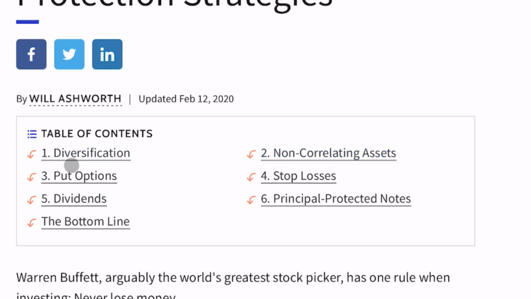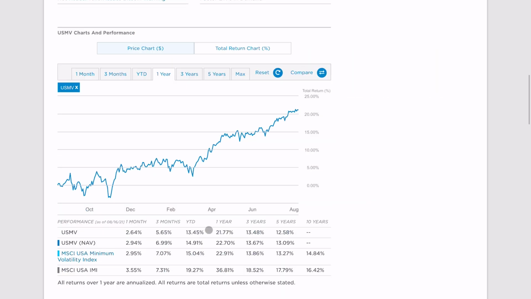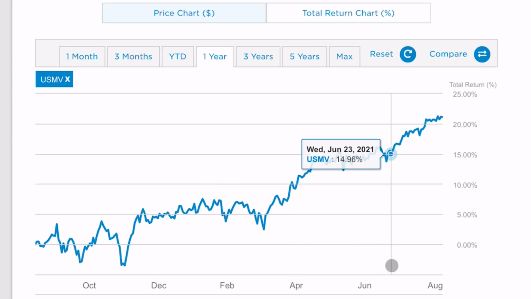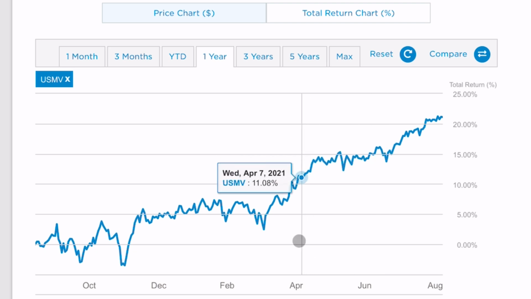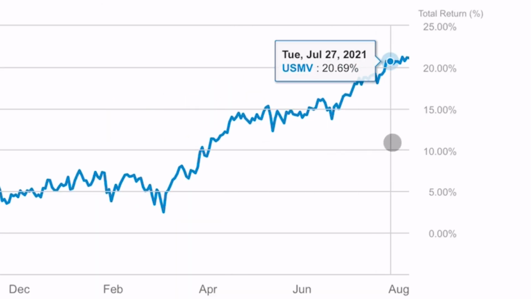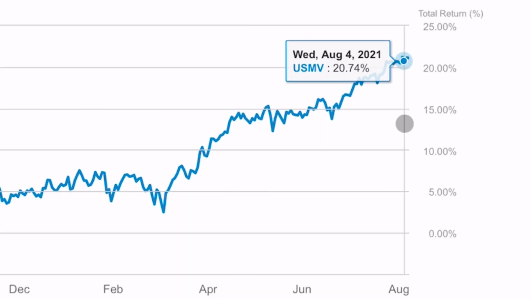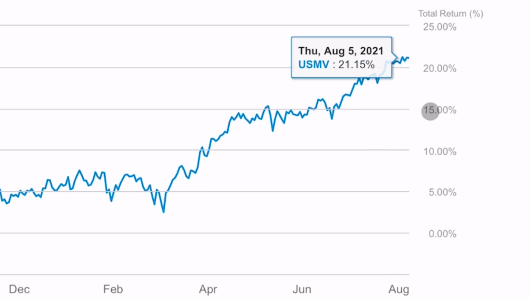So this ETF is hitting on a few notes. And if we scroll down and look at the performance of the ETF, it's actually one of the better low volatility funds out there. It's appreciated over 20% in the past 12 months, which is really good for a low volatility ETF because volatility is in both directions, up and down, but yet this still managed to go up 21%.